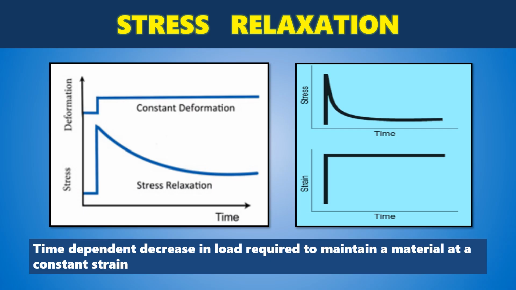We use the rasp, we hammer on it, we wait for some time for the stress to come down, because if you keep on hammering the rasp, the stress will go up and the bone will shatter. So you need to wait for some time for the stress to come down, because our cortical bone is a viscoelastic material to accommodate the shape of the rasp, and then you move to a larger size.